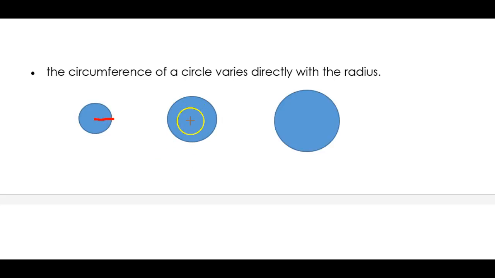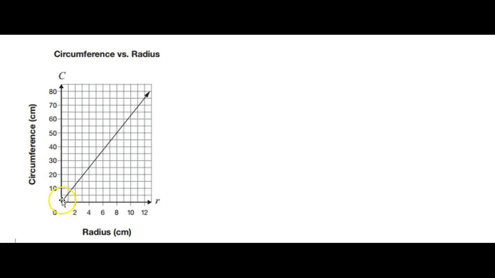That makes sense because the larger the radius, the more distance you're going to have to cover around the edge of that circle. Another way to think about it is that if I have a circle with no radius, then I don't have any circumference. So if I'm looking at the graph of this function, it should make sense that the y-intercept is going to be at (0, 0) again.